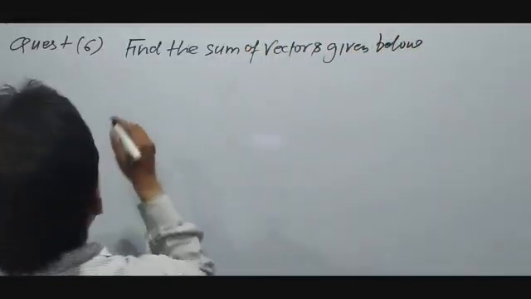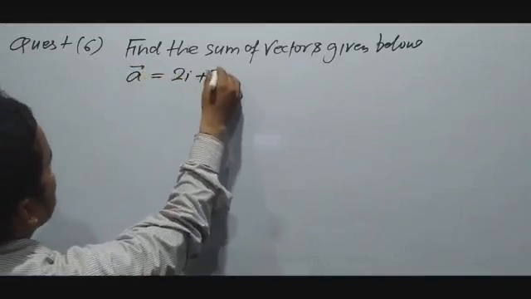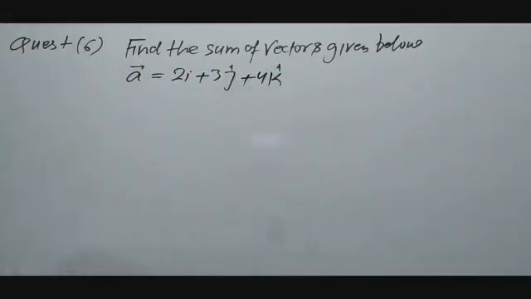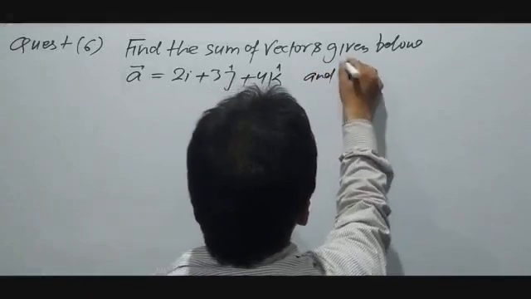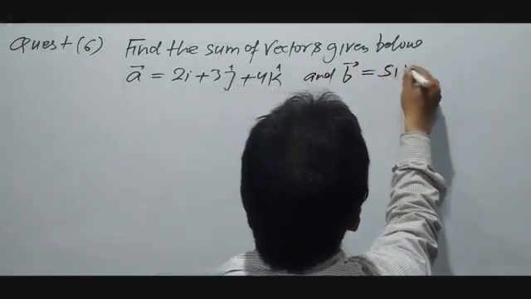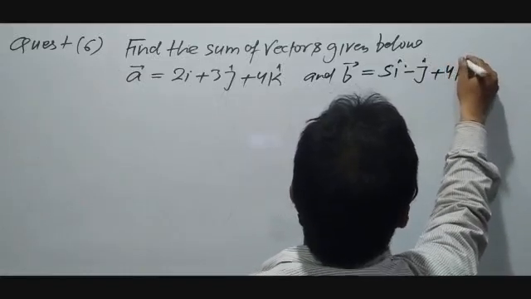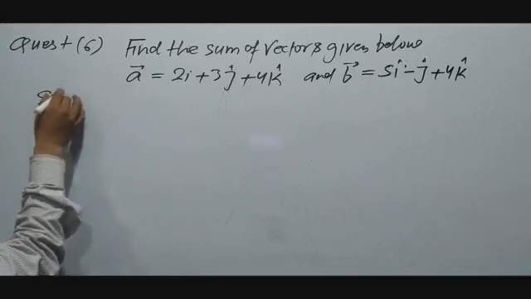Given below, suppose vector A is equal to 2i plus 3j plus 4k and vector B is equal to 5i minus j plus 4k. Now we have to find out their sum. So what will be the sum? Solution.